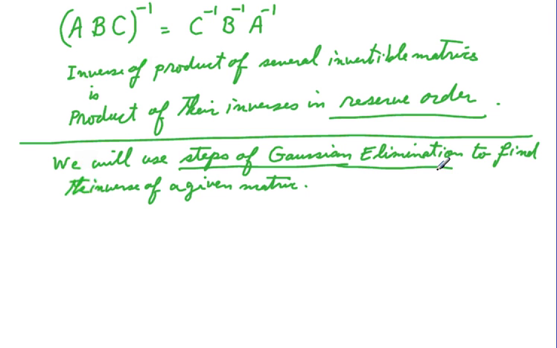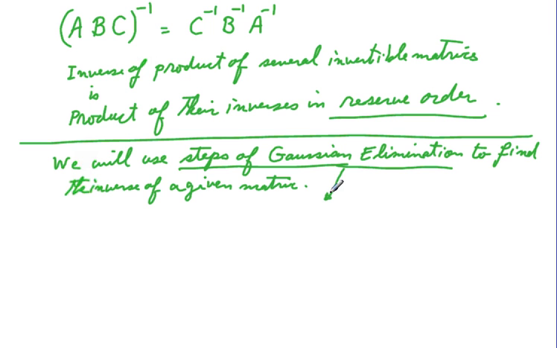steps of Gaussian elimination. What was it we were doing in the Gaussian elimination? We had essentially 3 steps. We call them row operations because we were handling rows in a wholesale fashion, all of them together.